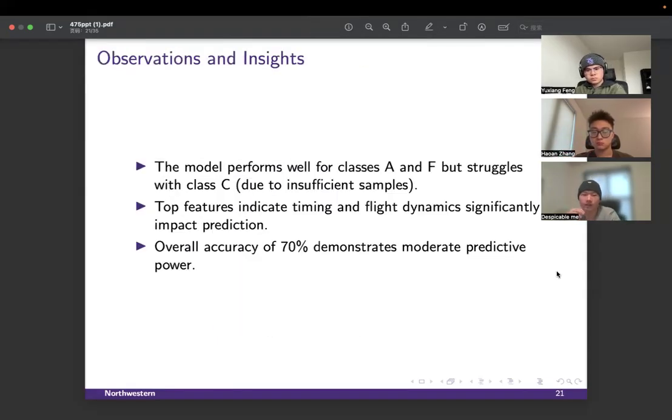The model performs well for classes A and F, but struggles with class C because there are insufficient samples of class C. And top features indicate timing and flight dynamics significantly impact prediction. Overall, the accuracy of 70% demonstrates moderate predictive power.